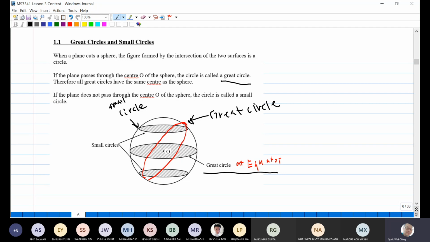For our interests, we are always interested in great circles. We focus more on great circles because they are easier to calculate with, since the center of a great circle is always the center of the Earth. So this is about great circles. Our focus is always on great circles.